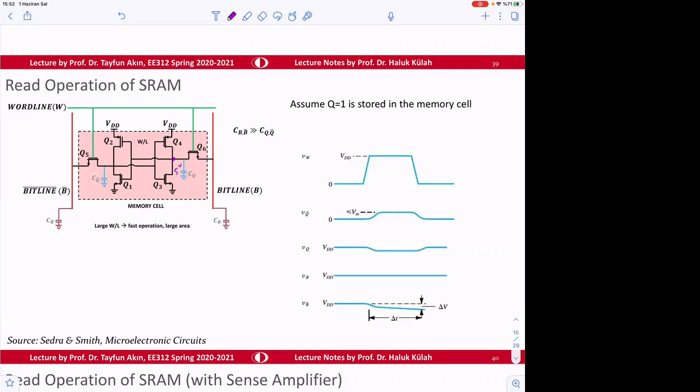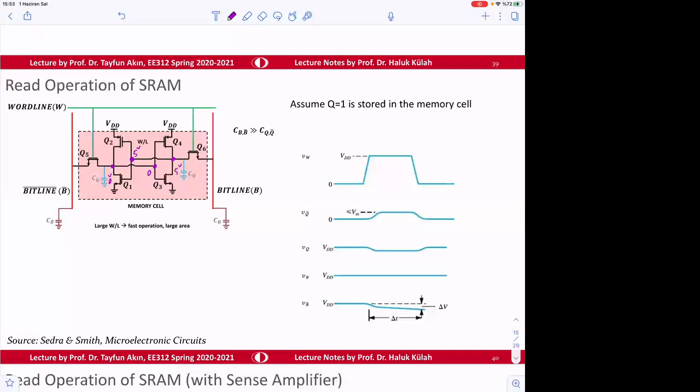So this 5 volt is connected to the input of the next inverter, and the output of this inverter is going to be 0 volt. That is connected to here, so that the 5 volt is going to be sustained also. So this is 5 volt, and this is going to be 0. So it supports itself and keeps the stored data in there.